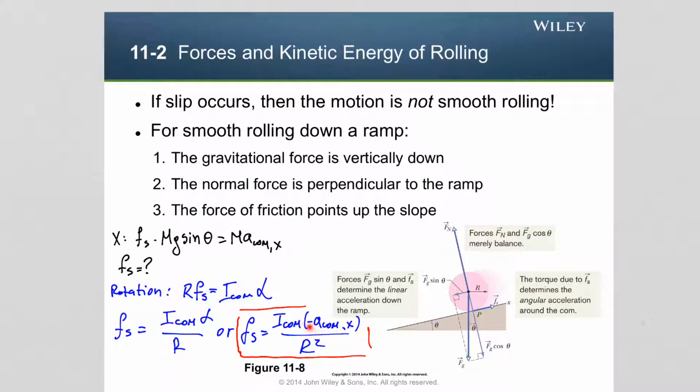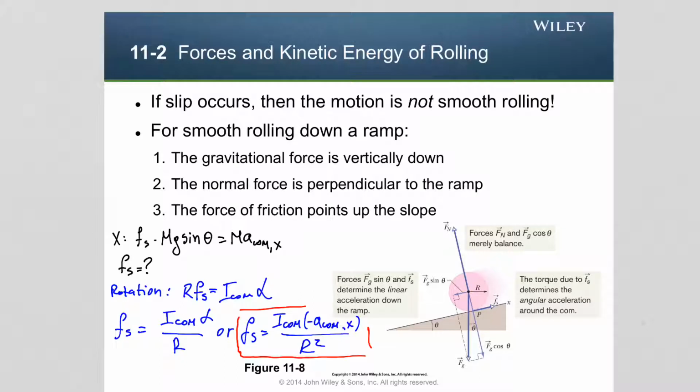The minus appears because the acceleration of the center of mass is down the incline, which is in the direction opposite to the selected positive direction of the x-axis. And furthermore, the rotation is in the counterclockwise direction here, therefore the angular acceleration has a positive orientation for the rotation.